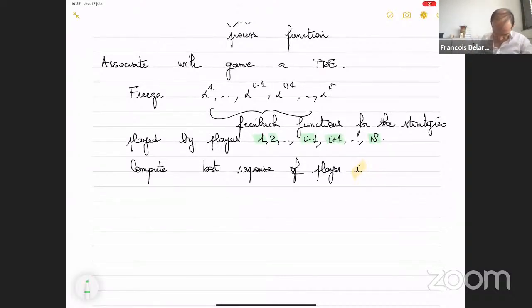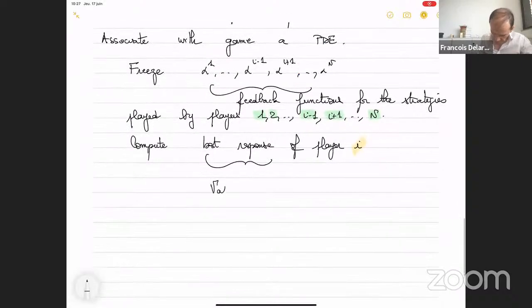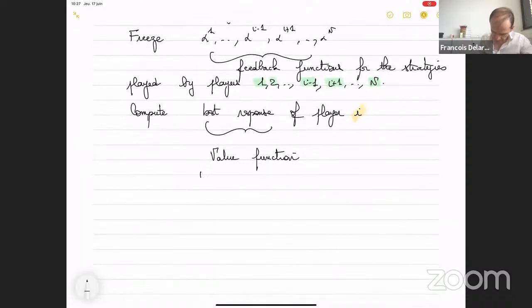So how to do this? Well, you say, I'm going to compute the best response by computing the value function, and then the optimal feedback, exactly as we did before, by solving an HJB equation.